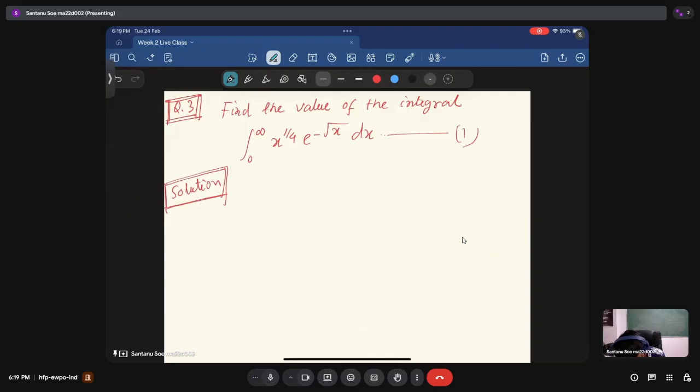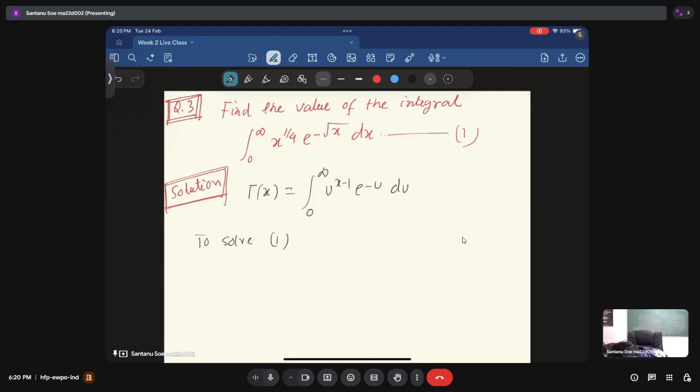So we know that the gamma function of x is just the integration from 0 to infinity of u to the power x minus 1, e to the power minus u, du, correct? So now to solve 1, somehow we're going to try to convert 1 in terms of the gamma function or some product of gamma functions such that we can evaluate the integral easily, correct?